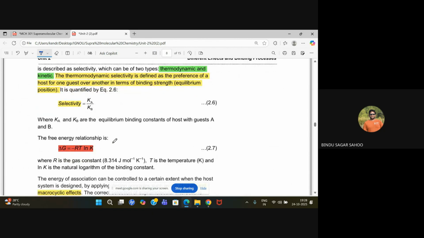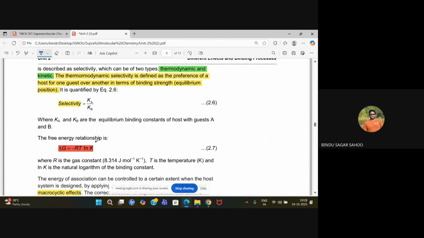We can also explain this equilibrium constant relation in another way: del G equals minus RT ln K. Here K is the equilibrium constant and del G is the Gibbs free energy. When we are discussing thermodynamic values, the determining factors are the del G value or the equilibrium constant value, that means the Gibbs free energy value or the equilibrium constant value.